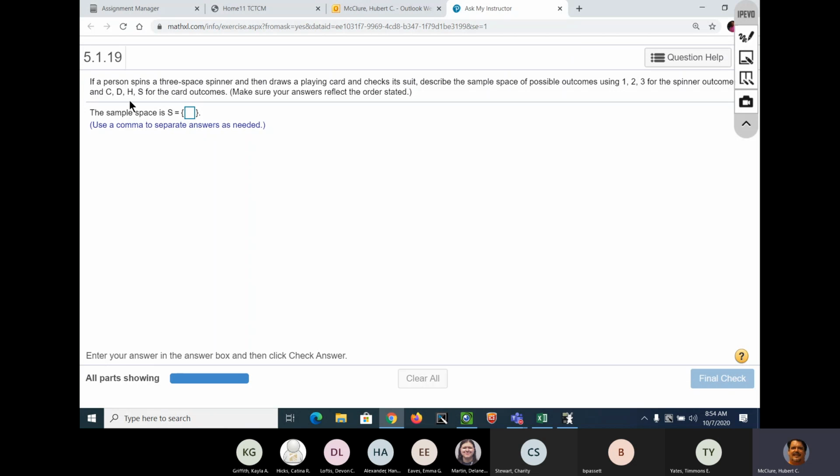Let's see. If a person spins a 3-space spinner and then draws a playing card and checks his suit, describe the sample space of possible outcomes using 1, 2, 3 for the spinner outcomes and CDHS for the card outcomes. Make sure your answer.